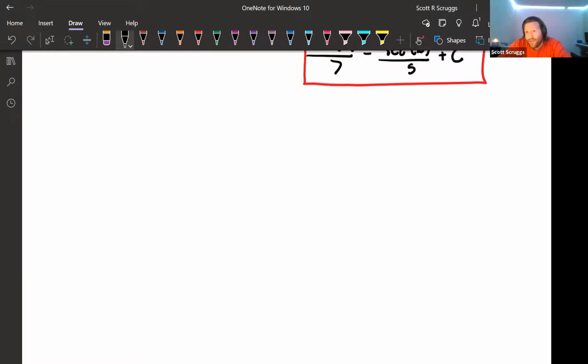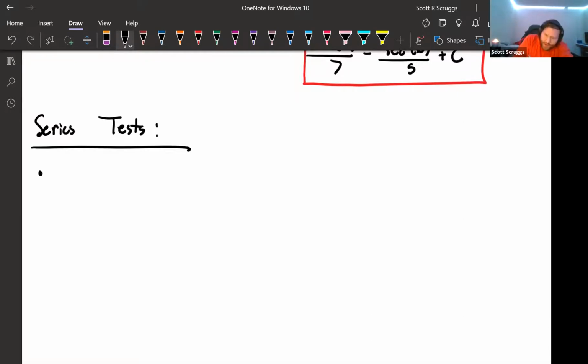So let's go through the tests that we got right now. The first one I know we got so far is geometric. Second test I know of is the divergence test.